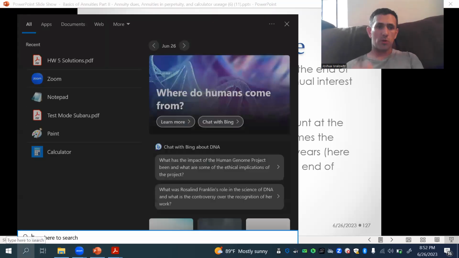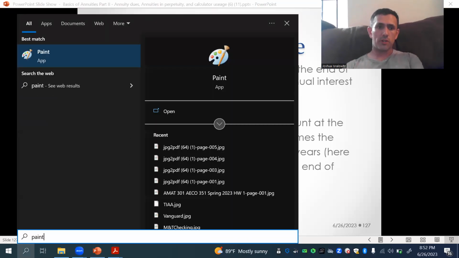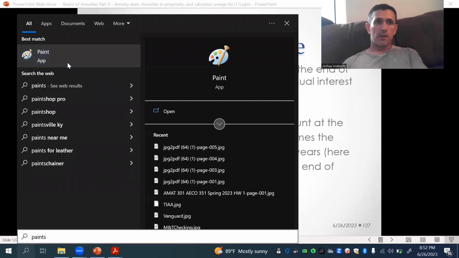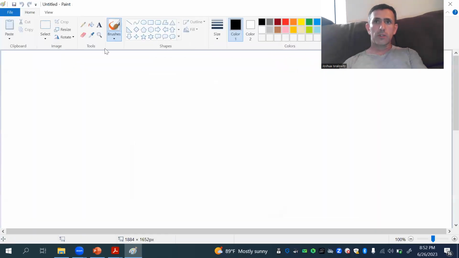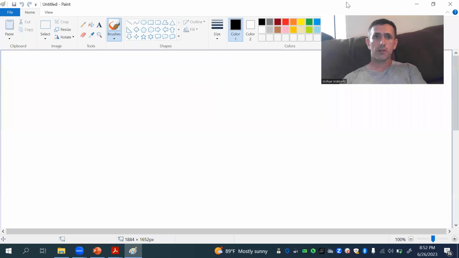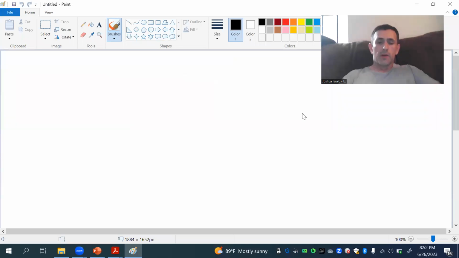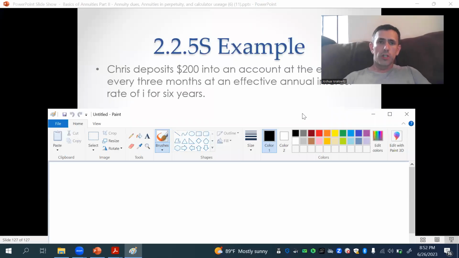Right. So let's do this. You don't really need a time diagram, but no harm really in doing it. Just like in the homework, you do not need to figure out what the effective annual interest rate I is.